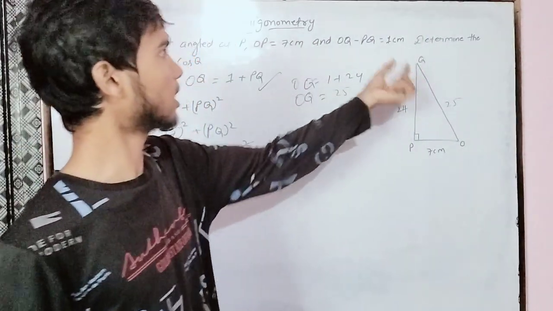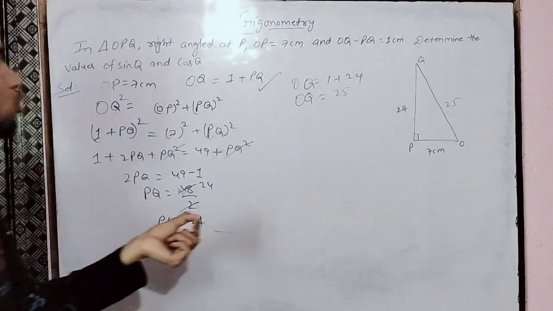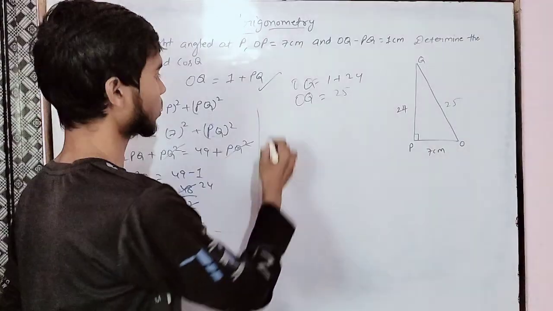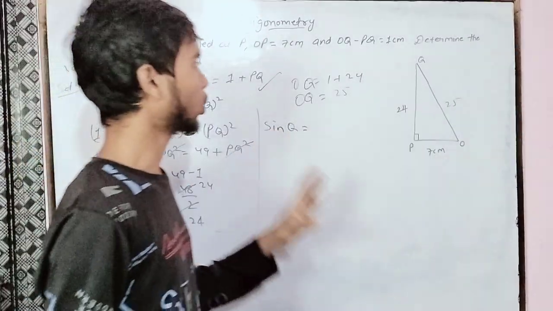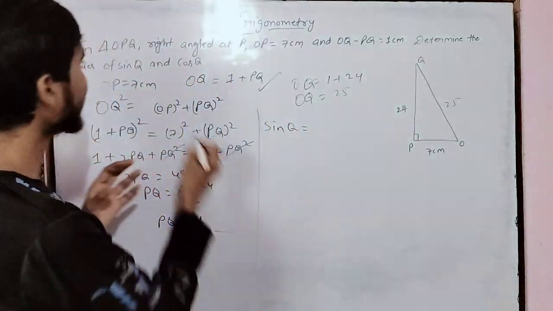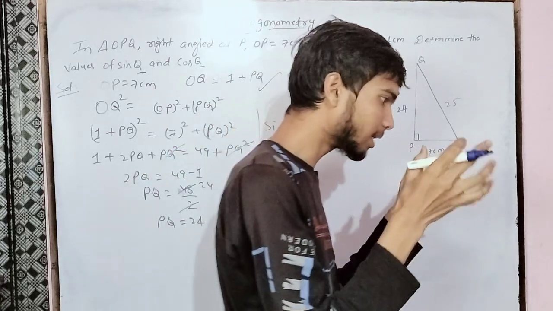Next sentence, let's read. Determine the value of sin Q and cos Q. So only sin Q and cos Q. Now look at here. Look at the angle.